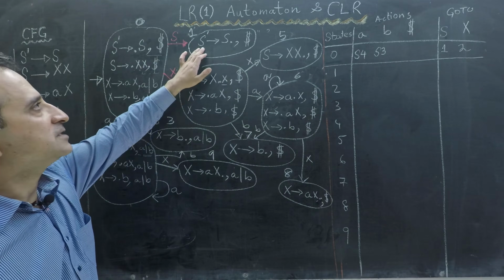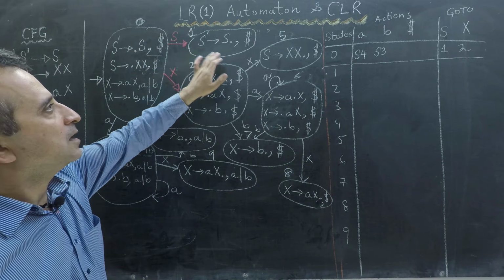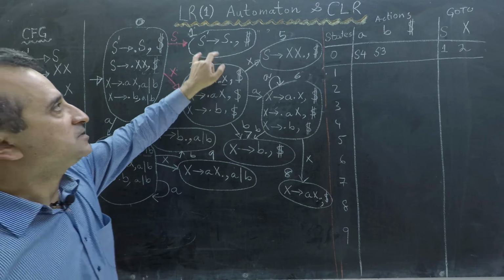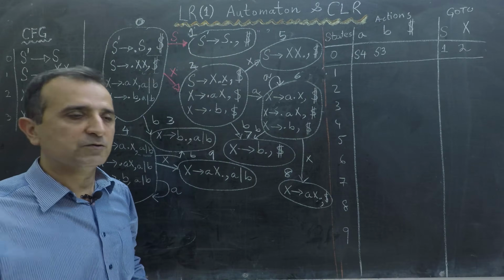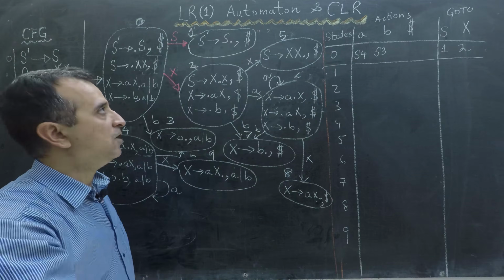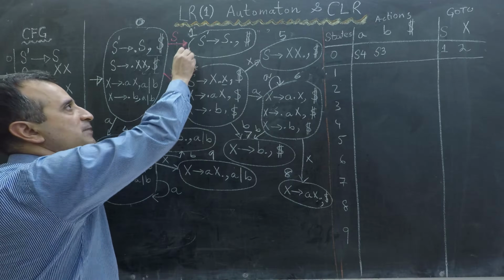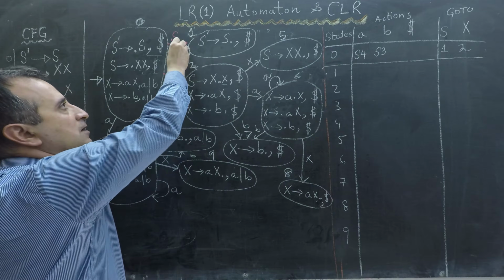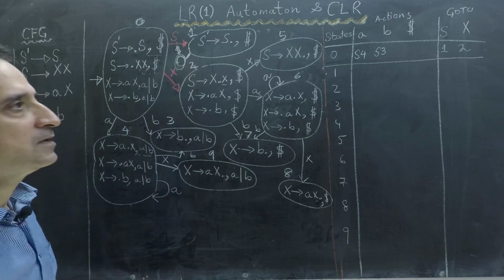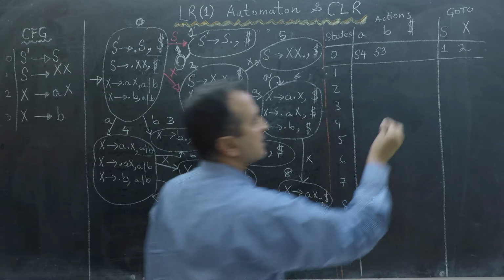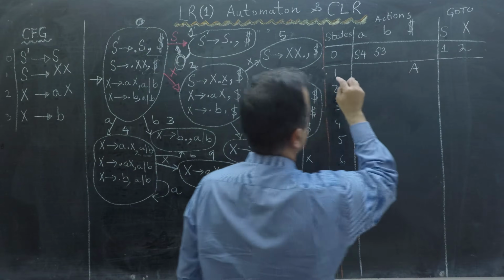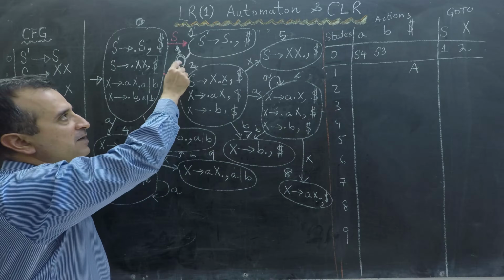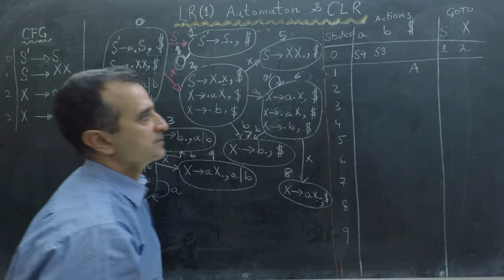On state 1 I don't go anywhere, but this is a special state, because this is a special production where S bar goes to the previous start symbol with the dot at the end, and here I will add a special state which we call the accept state on the input symbol $. So I will mention here accept, because on 1 when I see input symbol $, I go to this special state which is the final state of this automaton.